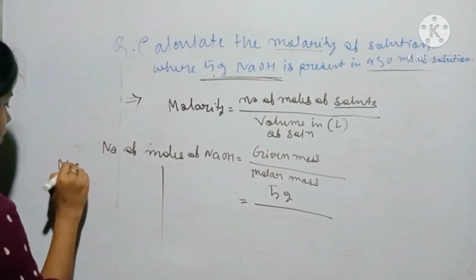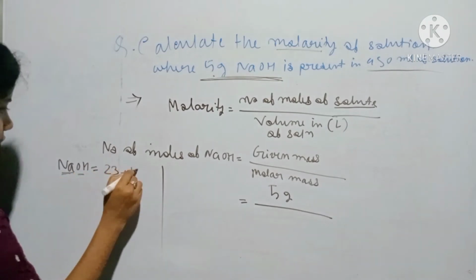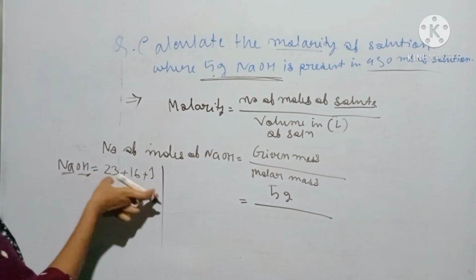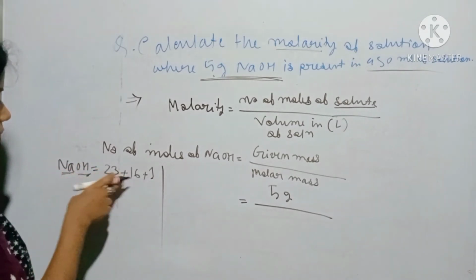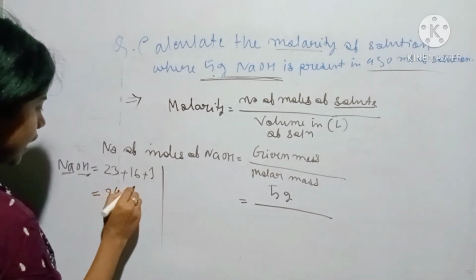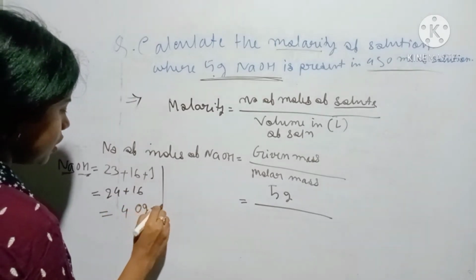For sodium hydroxide, sodium has 23, oxygen has 16, and hydrogen has 1. These are the atomic masses of the individual elements. If we add these, we get 40 gram per mole.